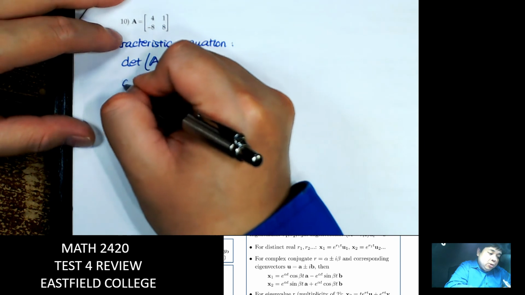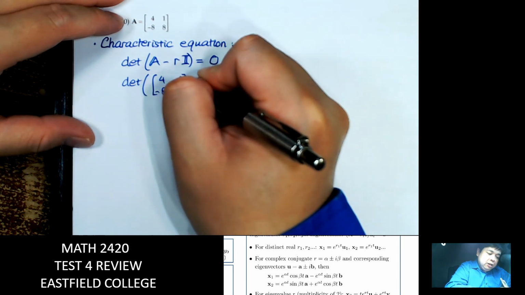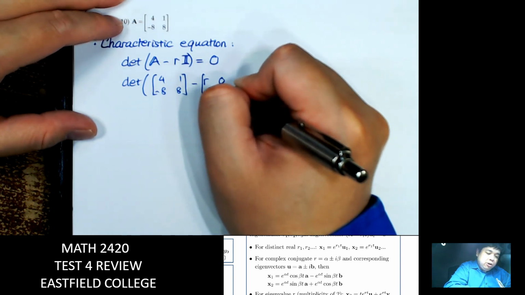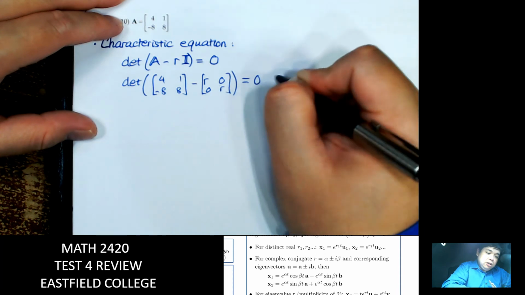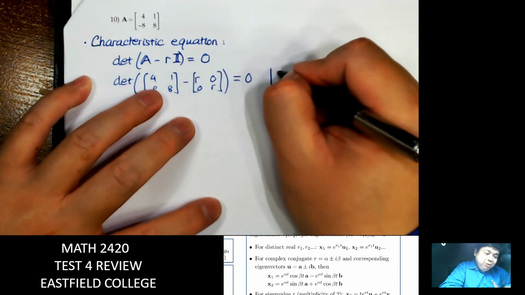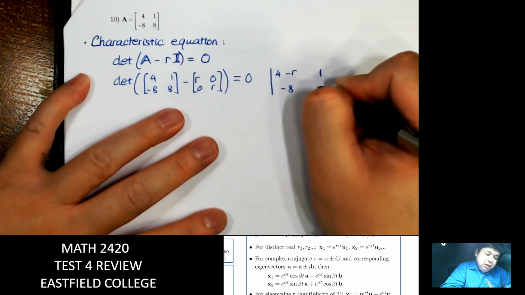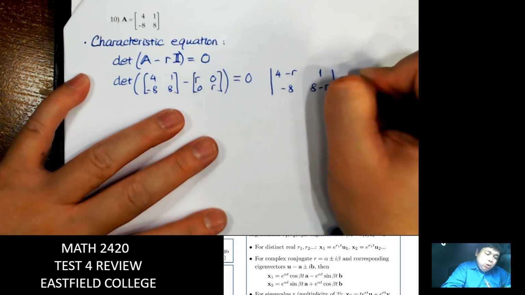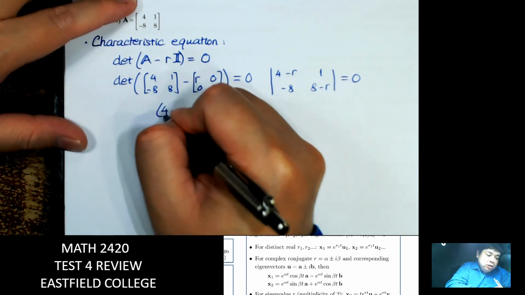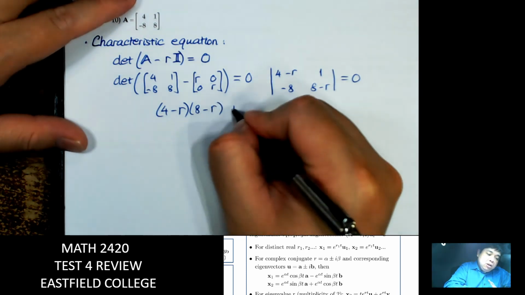Anyway, so determinant of 4, 1, negative 8, A minus R times that will be R, 0, 0, R. So we will have determinant of 4 minus R, 1, minus 8, A minus R equal to 0. 2 by 2 determinant, that should be easy. 4 minus R, 8 minus R, and plus 8 equal to 0.